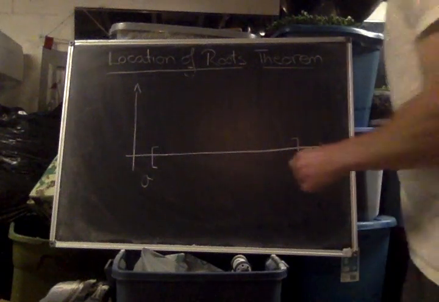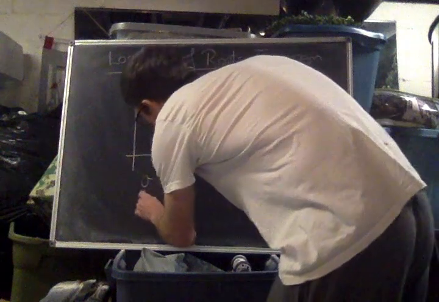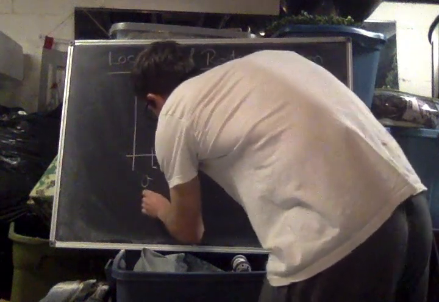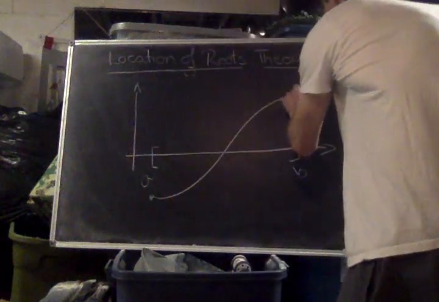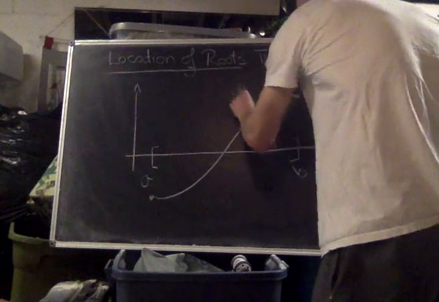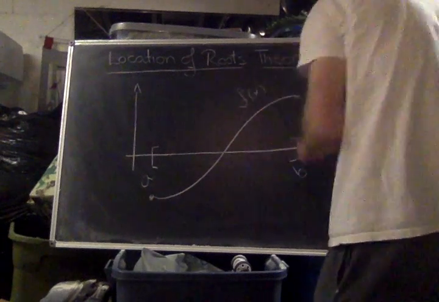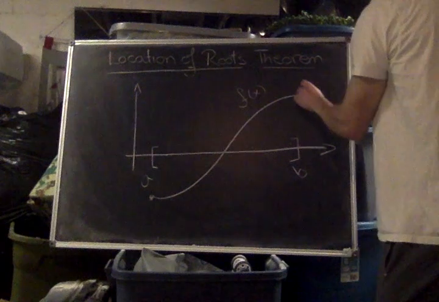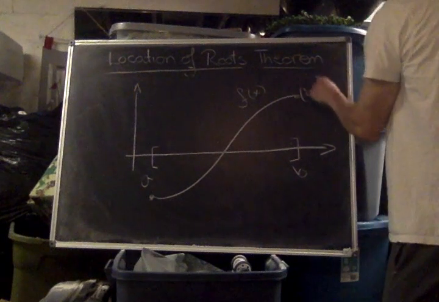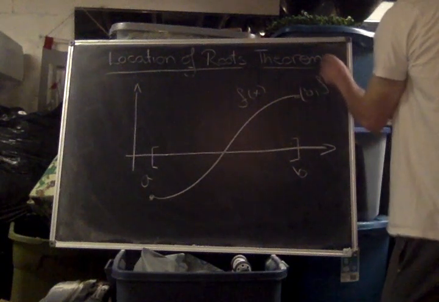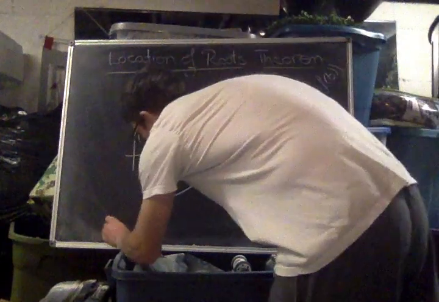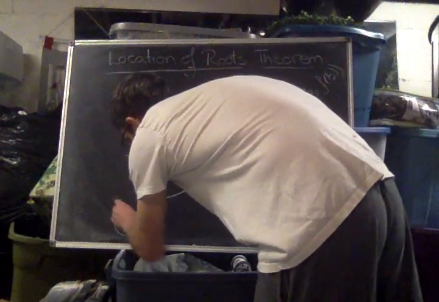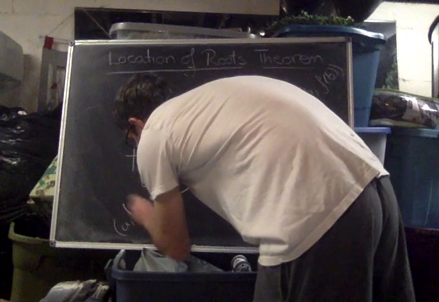All right, so let's assume here that this is our function, f of x, and here, of course, is the point b, comma, f of b, and here is the point a, comma, f of a.